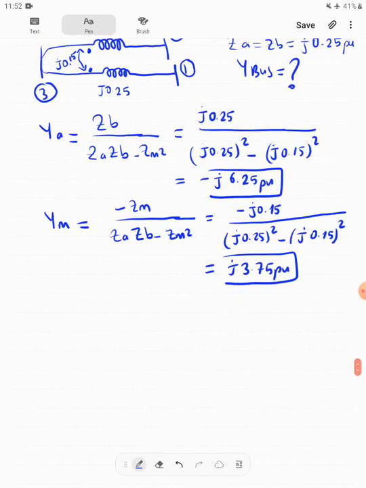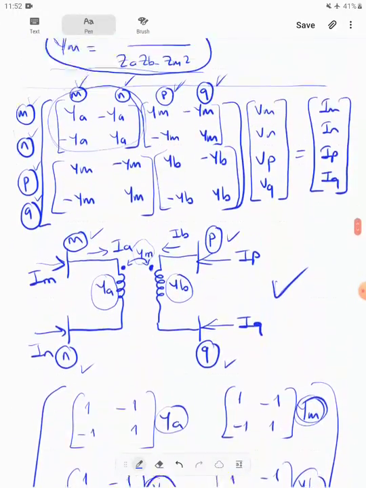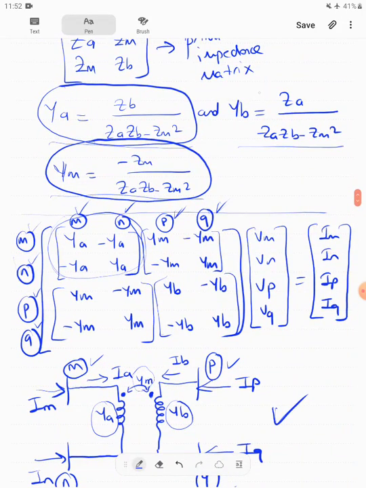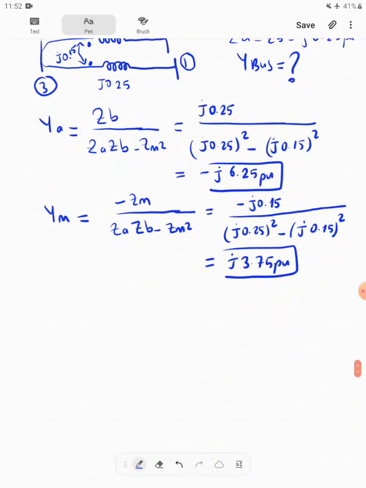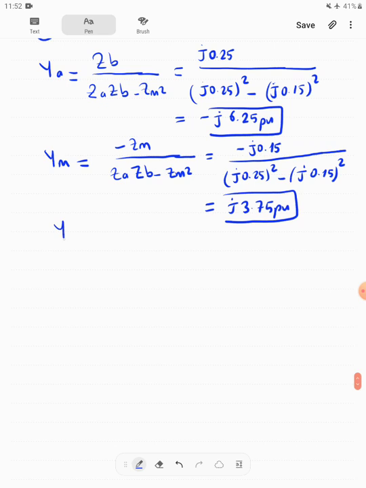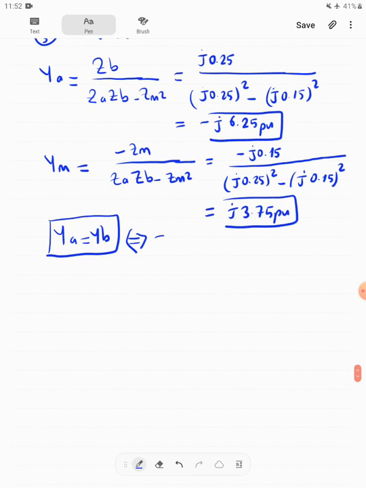Note that Ya and Yb are equal. Sorry, are they equal? Yes, for this example, they are equal because Za is equal to Zb. So I can write Ya is equal to Yb because in this example, Za is equal to Zb.